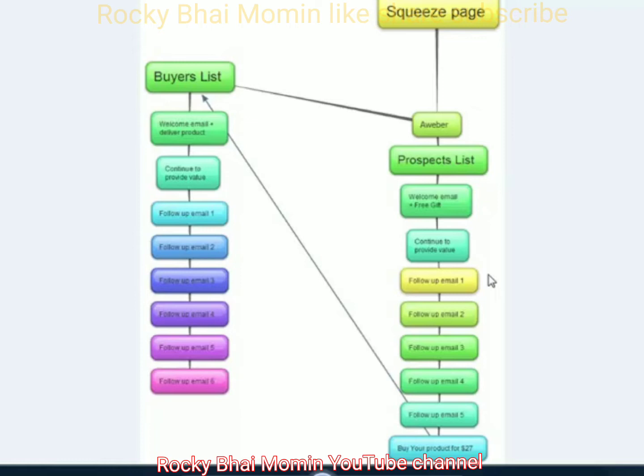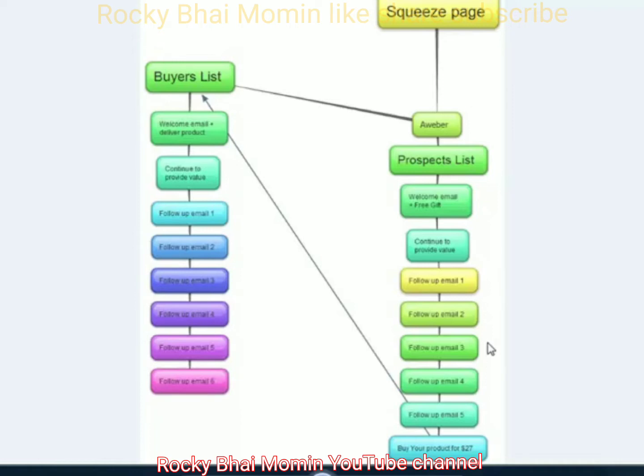So from the start, as soon as you have built the core of your sales funnel, as you can see in front of you, your squeeze page and your prospects list, and you've created your product and you've got a buyers list, as long as you've got a few different emails, 3 or 4 will be absolutely fine to start with, then that's fine, that's all you need.